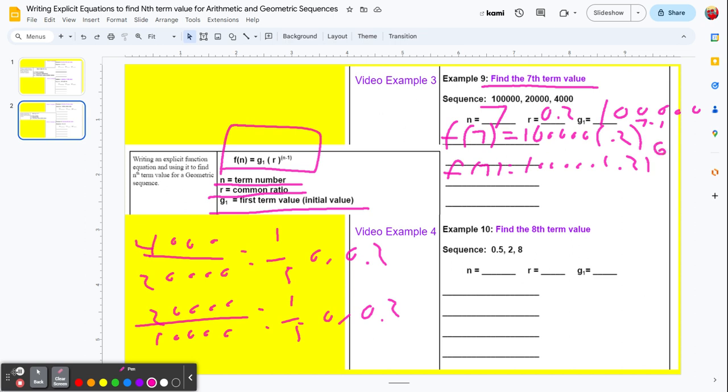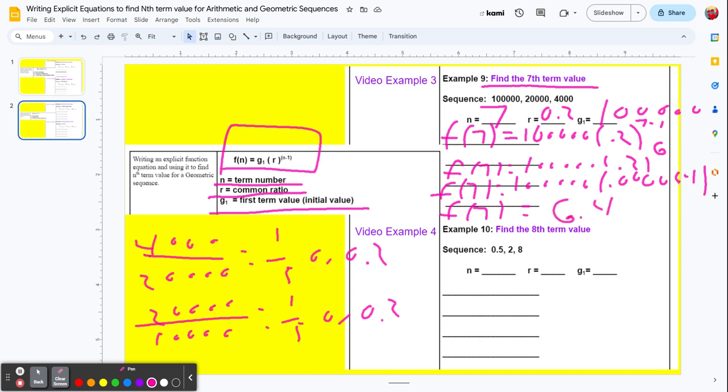So now I need to use the calculator. We took 0.2 to the 6th power, and we got 0.000064. Okay. So now we're going to use the calculator again, 100,000 times 0.000064, and we get f of 7 equals 6.4.